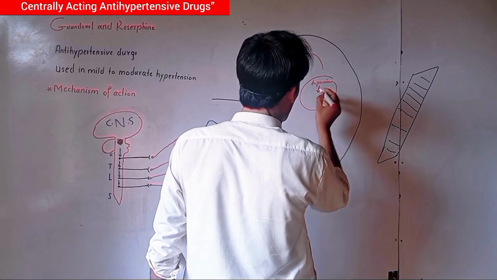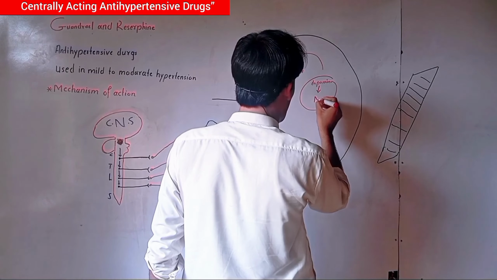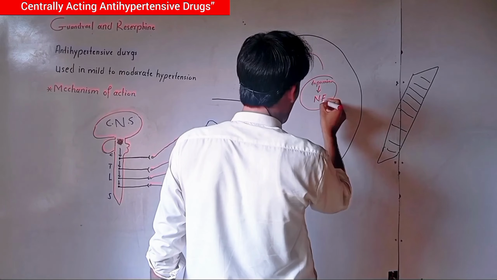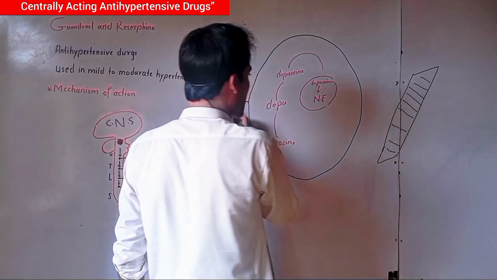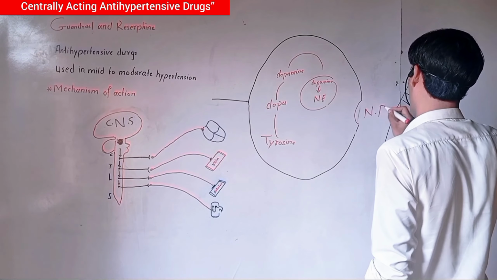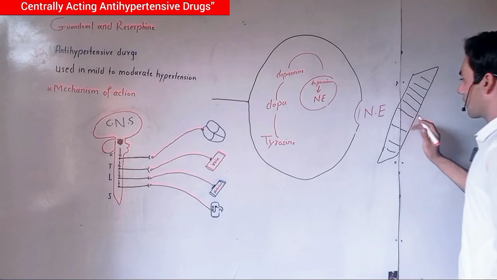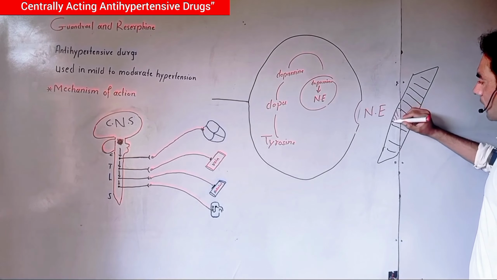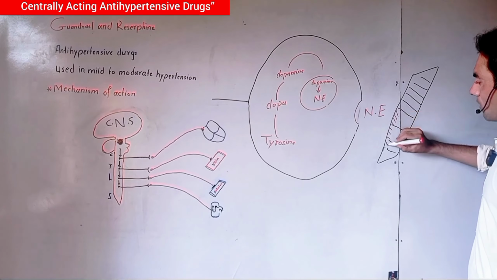Within the vesicle, dopamine converts into norepinephrine. When an action potential comes, this vesicle fuses with the membrane and releases norepinephrine, which acts on the effector organ, for example muscle.